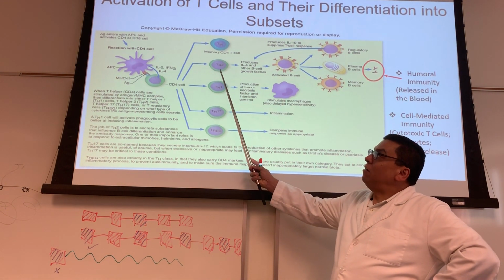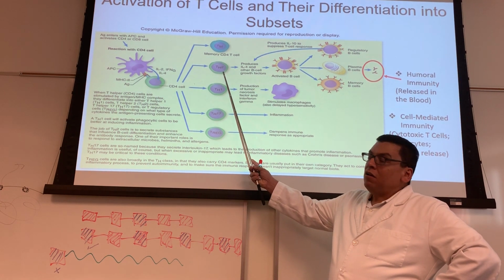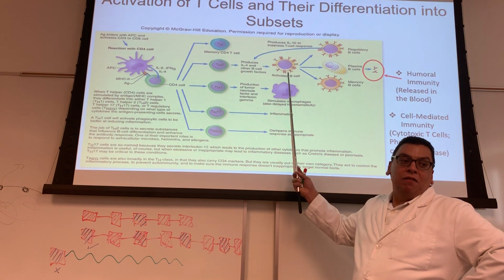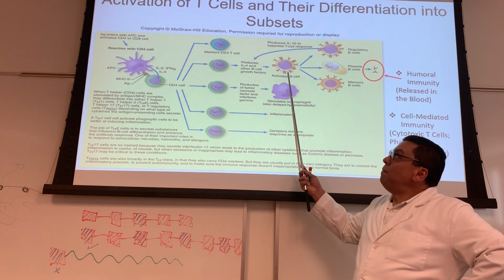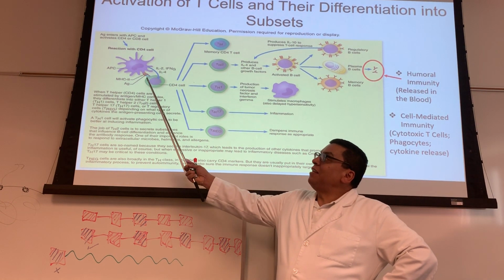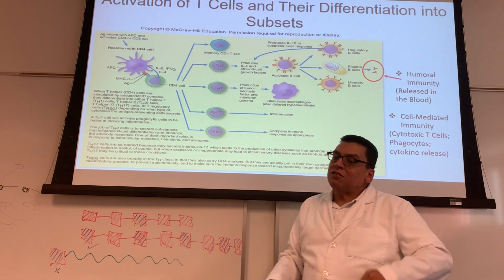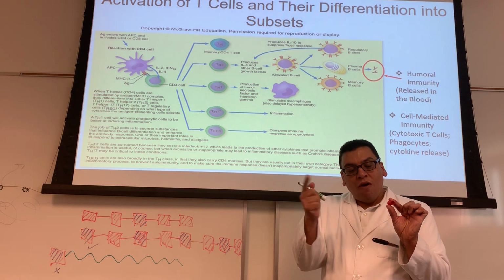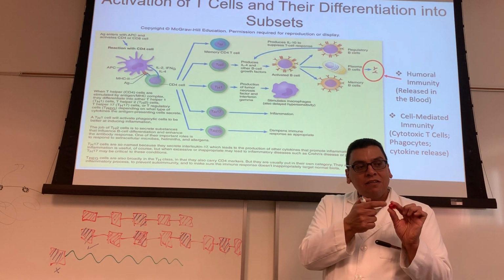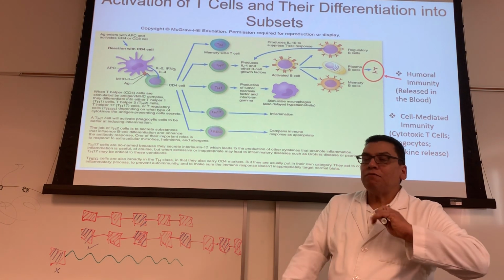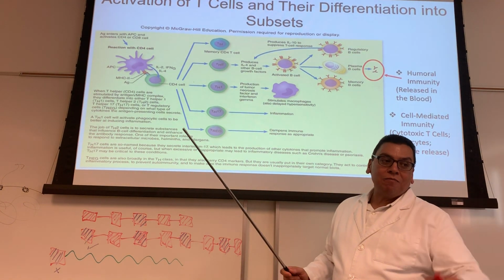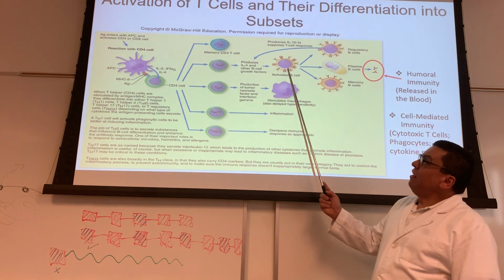And then this one, very important one. The Th2 will stimulate the sleeping B cell that happens to recognize the same antigen. I told you there's a T cell that recognizes this. And there's also a B cell that recognizes this. We just happen to find the T cell and the B cell that recognize the same antigen. You're going to activate the B cell.